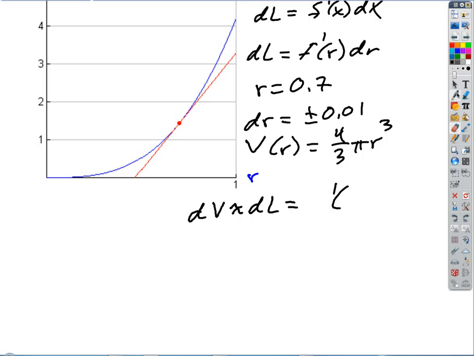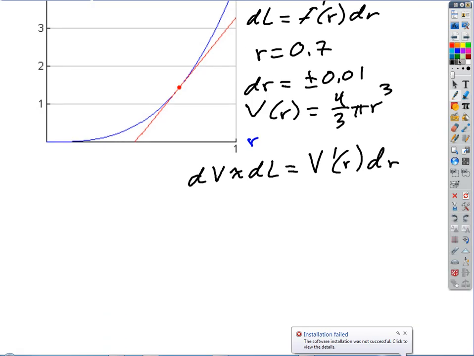So then f prime of x in this specific situation would just become v prime of r times dr, right? That's a pretty easy derivative to take, right? If that's v of r, you tell me what's v prime of r. Yeah, we'll just bring the 3 down, cancels the 3 out front, right?